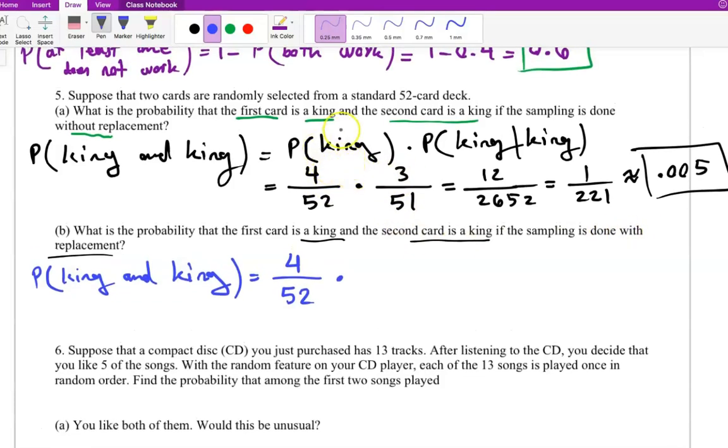It's like choosing the first card, getting a king, and then replacing it into our sample space, which is the 52-card deck. Again we have 52 cards in total, and again we have 4 kings.